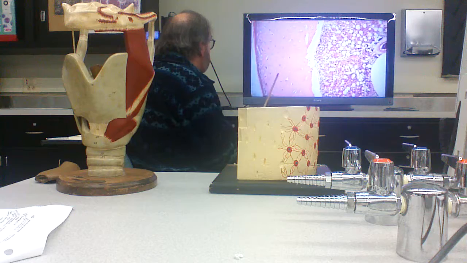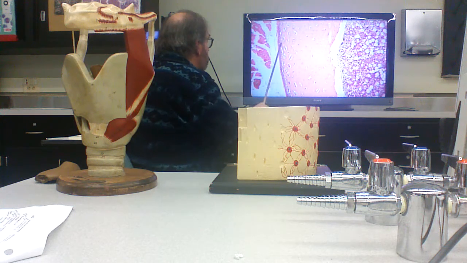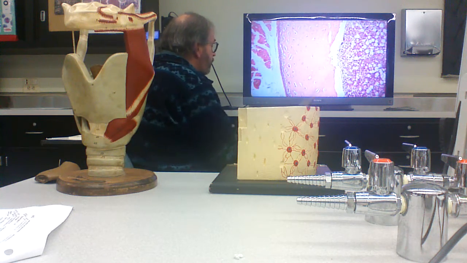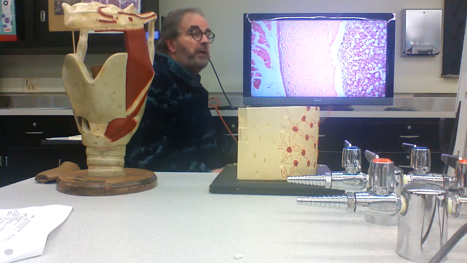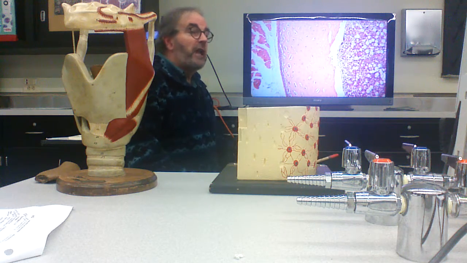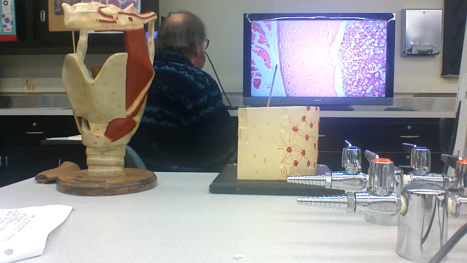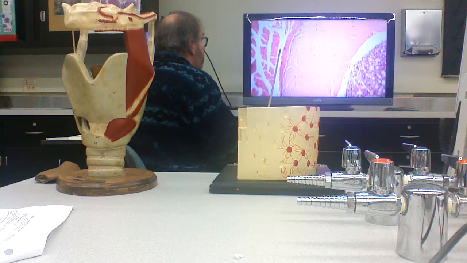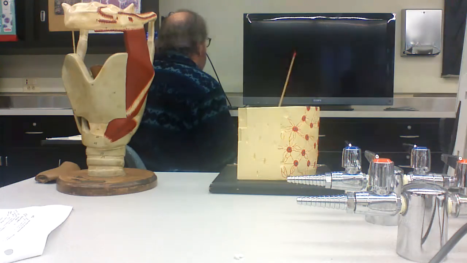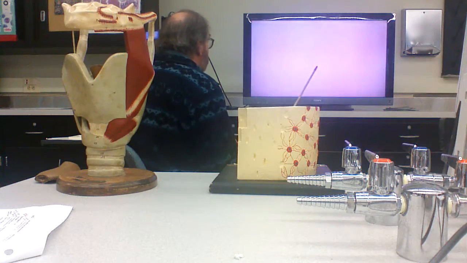This is a layer of fibrous connective tissue that surrounds the bone. It's called a periosteum. Just like a perichondrium, this is a fibrous connective tissue sheath that encircles the whole bone. It's made out of dense irregular connective tissue.